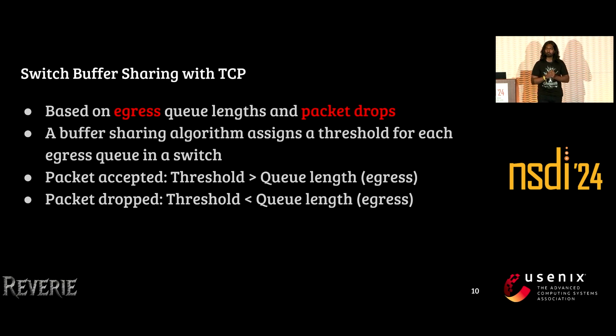So buffer sharing with TCP involves egress queue lengths, and the action is packet drops. A buffer sharing algorithm typically assigns thresholds for each queue, and a packet is either accepted or dropped depending on the queue length versus threshold, how far they are from each other.